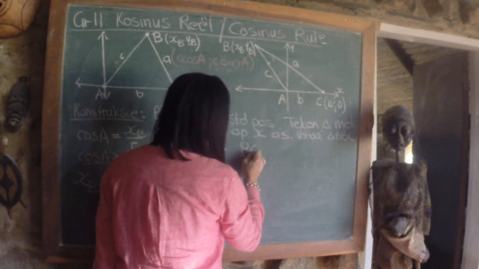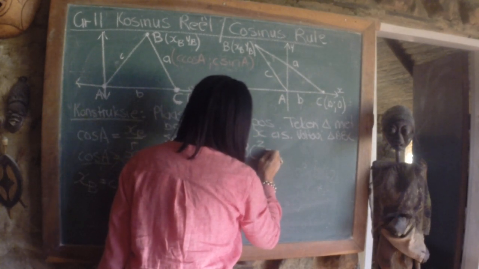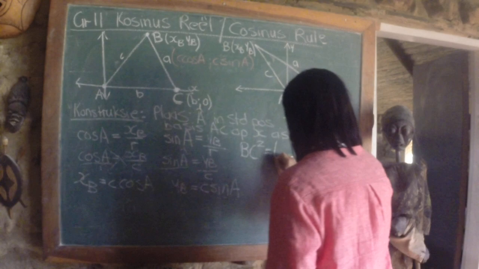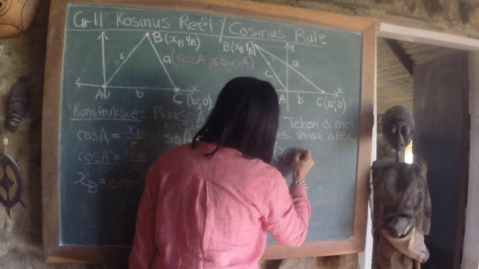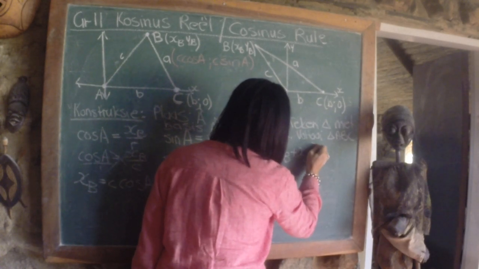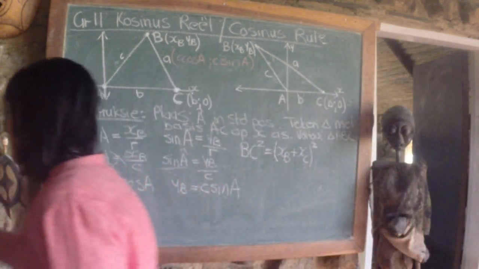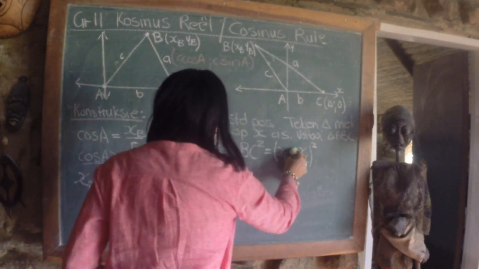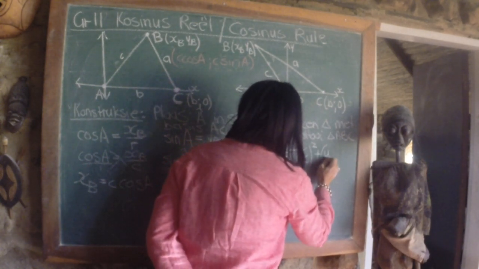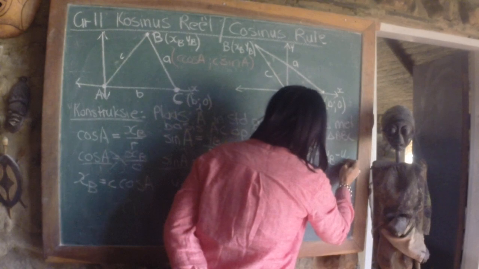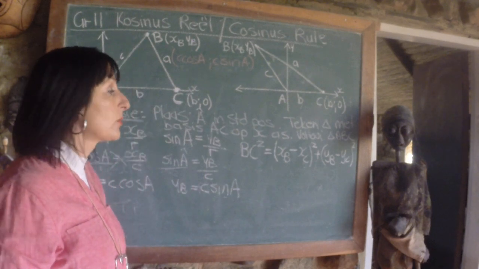The distance formula tells us that BC squared, the distance between two points, is equal to (xb minus xc) squared. It's a minus, you must not write the equation wrongly. It's a minus, plus (yb minus yc) squared. The distance formula from grade 10. You will remember it.